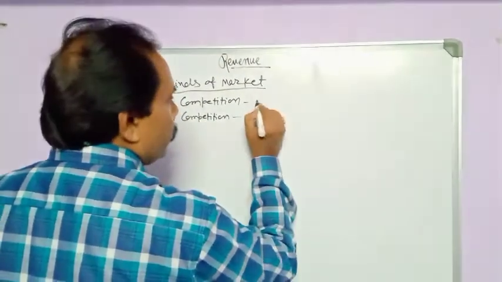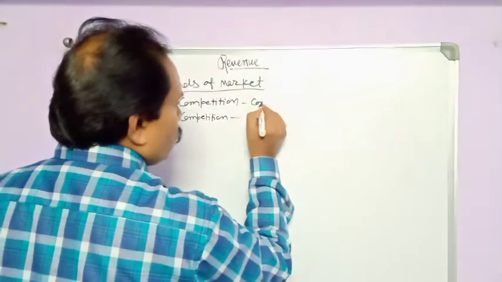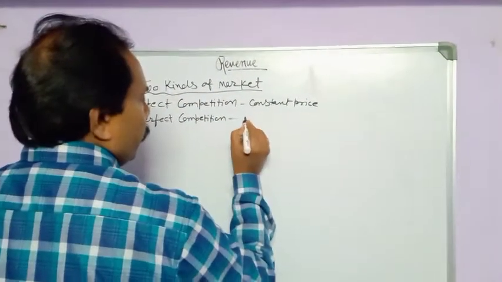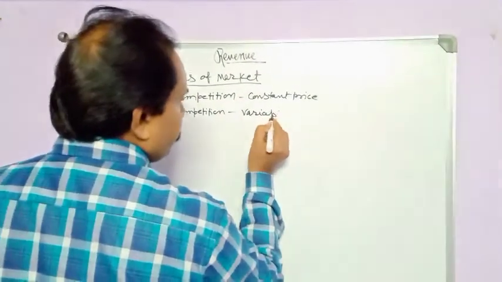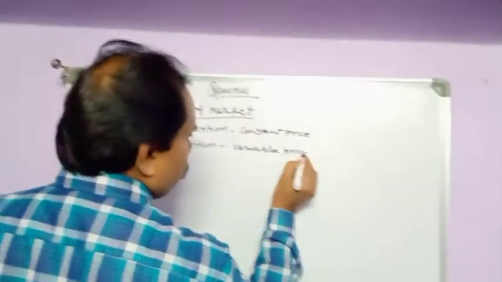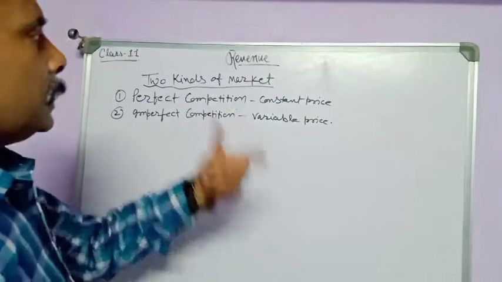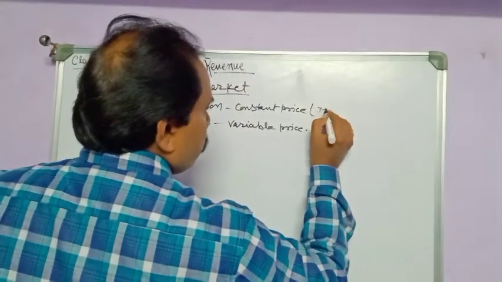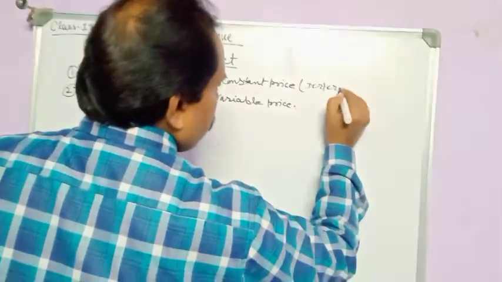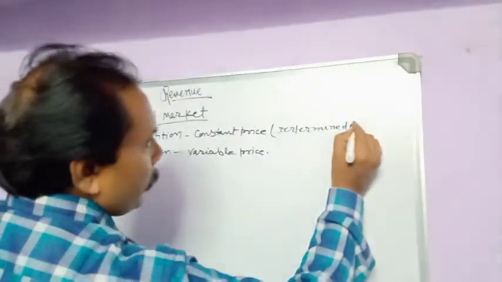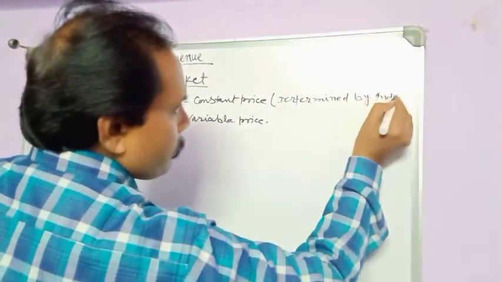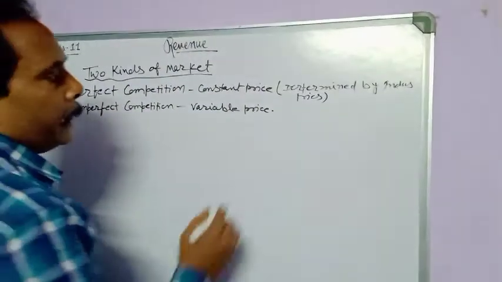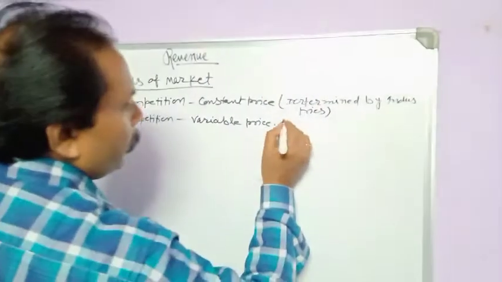So the price will remain constant, and here the price is variable in the case of imperfect competition because the firm is a price maker.